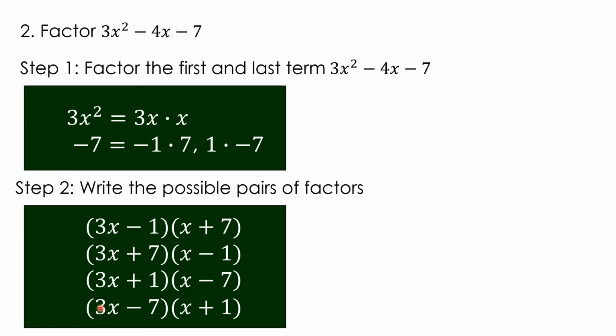So you try another factors of 7. You can also pair this 3x minus 7 times the quantity of x plus 1.